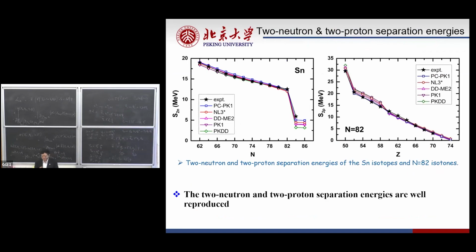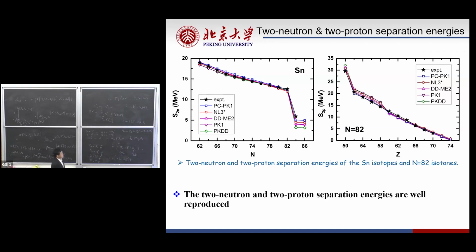At the beginning of this lecture, we already saw there are different approaches. From the binding energy, we can plot the 2-neutron separation energy for the tin isotopic chain, or the 2-proton separation energy for the N equal 82 isotonic chain.